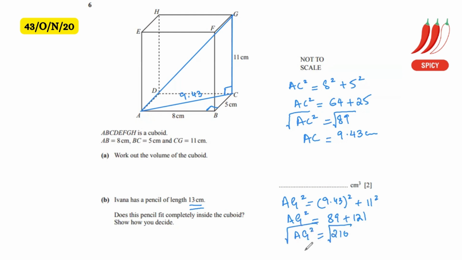Square root both sides, and AG equals 14.5 centimeters. As you can see, 14.5 centimeters is greater than 13 centimeters. So yes, it will fit completely. And this is your working, which helps you decide that.